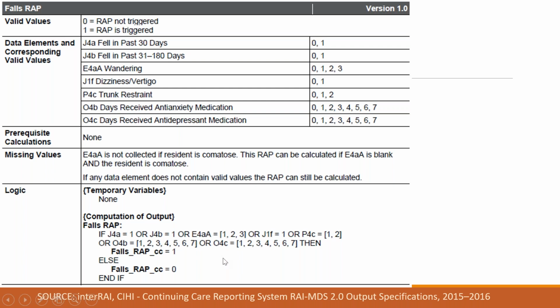So either one of those. So you can see any one of these 7 different factors could trigger this item. There's no combination of items.